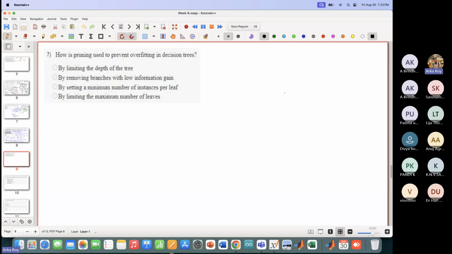So as you have seen, let's say, while training the decision tree with a particular data set, your decision tree somewhat looks like this.